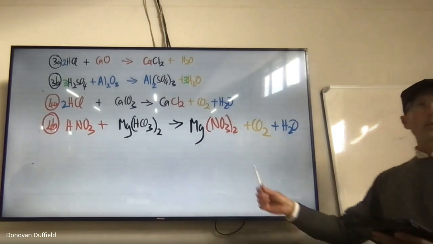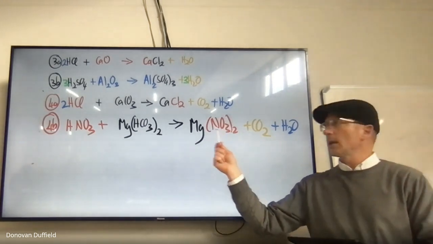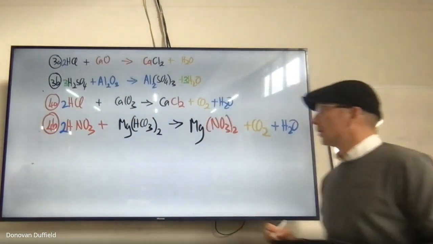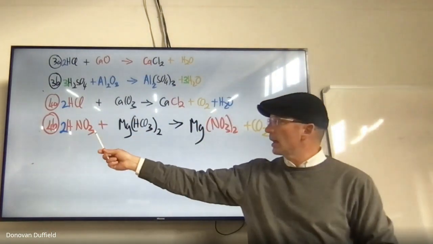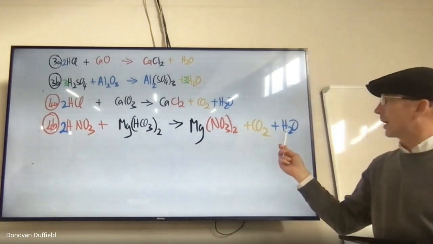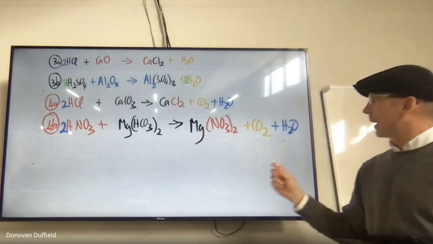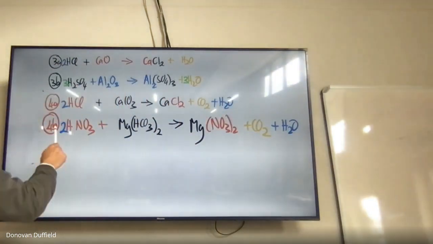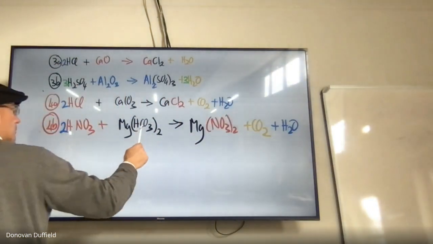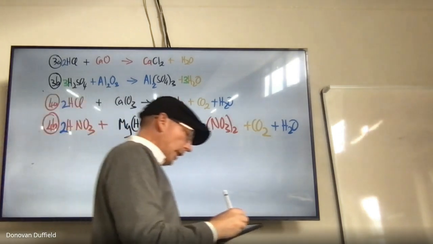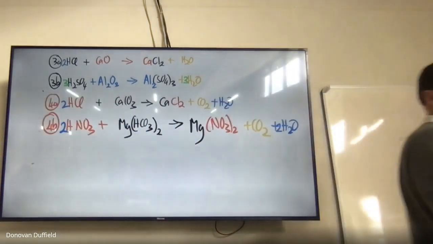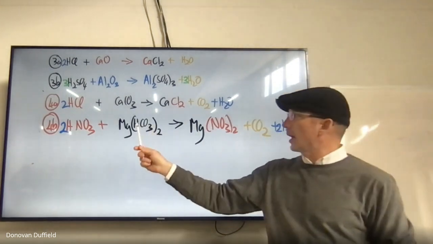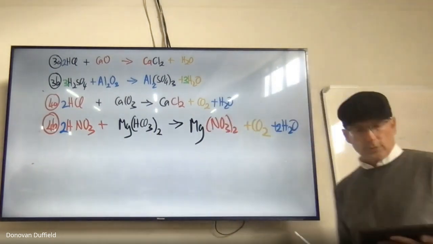Once again, I start at the polyatomic. 2 NO3s, I've only got 1 there, so I'm going to multiply by 2. Magnesium, I've got 2 NO3s, 2 H's, 2 H's. 1 magnesium, 1 magnesium. But now I must be careful. H's, I've actually got 4. Look here. 2 hydrogens, 2 times 1 is 2, so that's 4. So I need 2 waters, because 2 times 2 is 4.